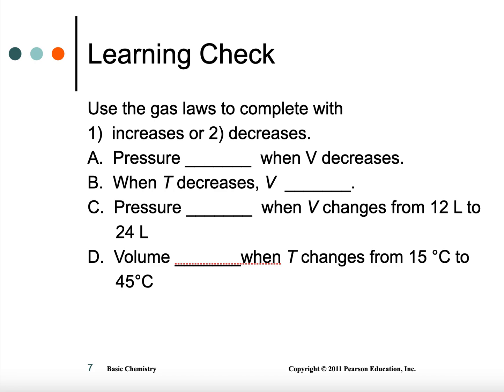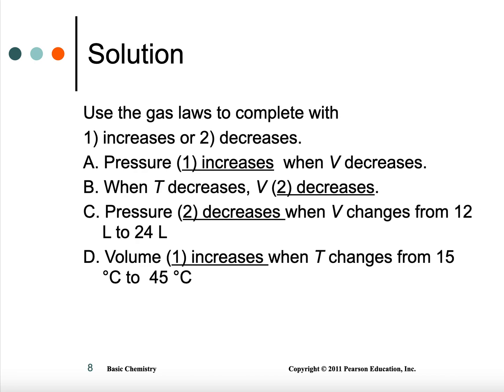Okay, so pressure and volume are inverse. Volume and temperature are direct relationships. So as volume goes up, temperature goes up. So temperature is going from 15 to 45. It will triple, then the volume will have to triple as well. Okay, good.